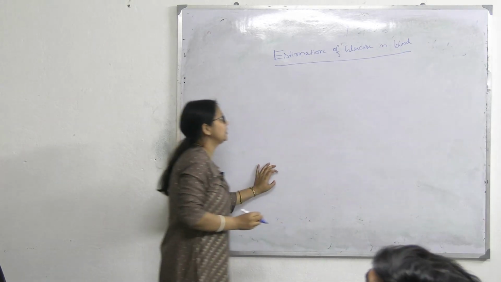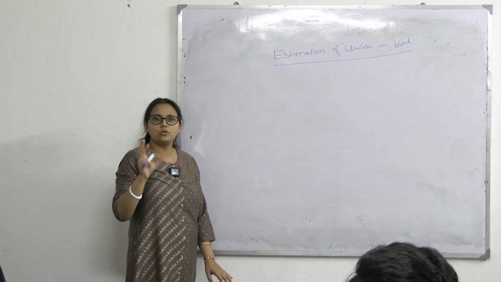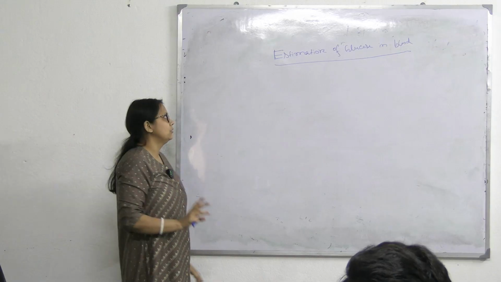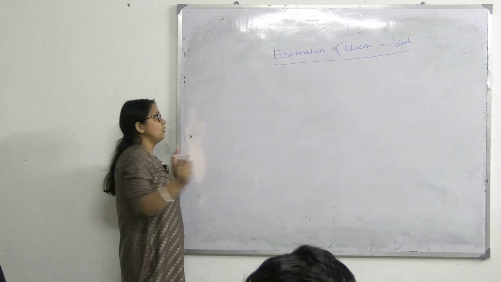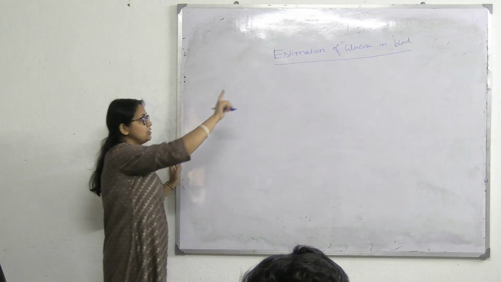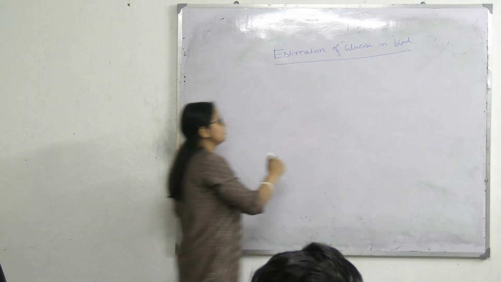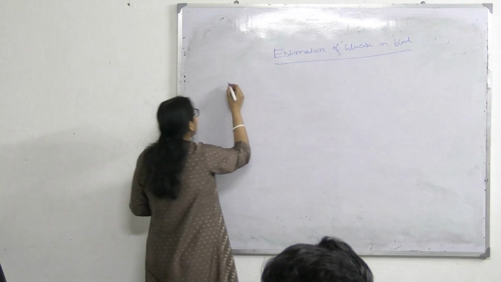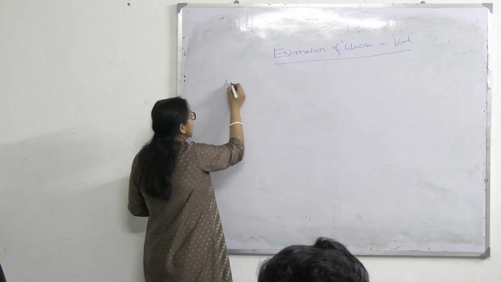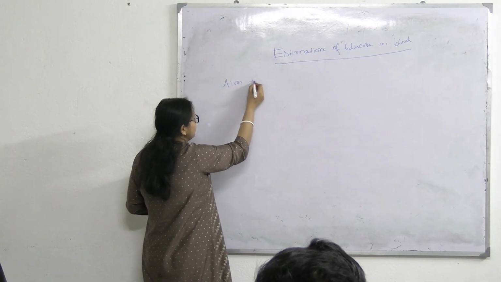So we have to estimate the exact concentration of glucose in the given sample. So what you will write in your practical copy, we will make one heading, that is estimation of blood glucose. What is the aim?